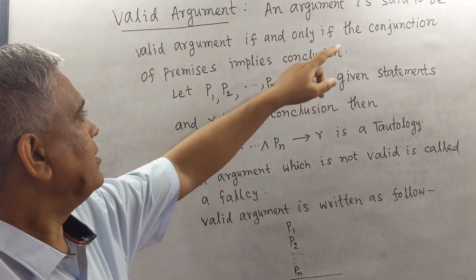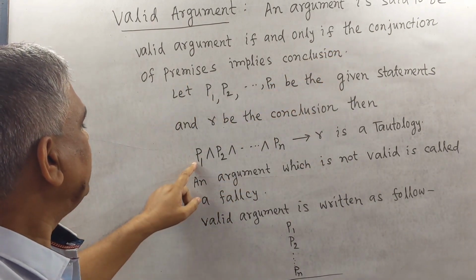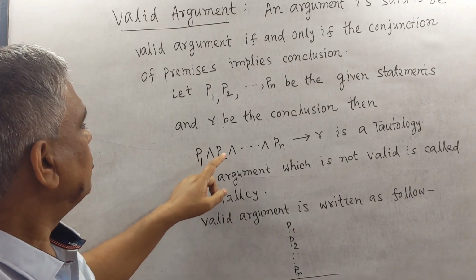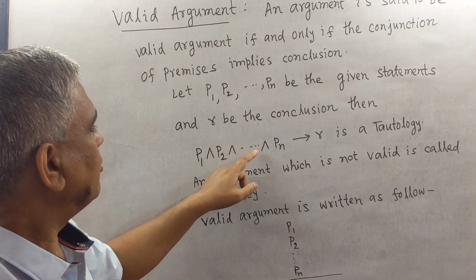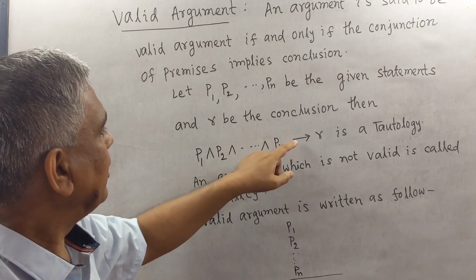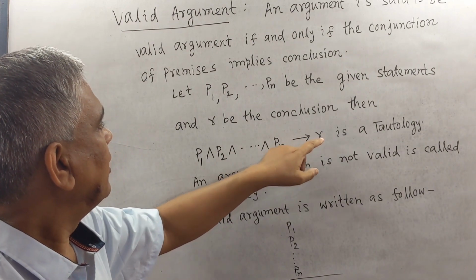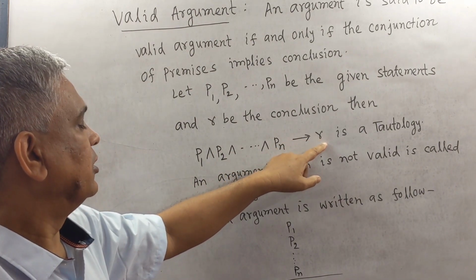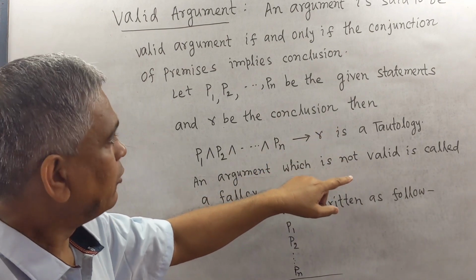Then the conjunction of premises P1 ∧ P2 ∧ ... ∧ Pn implies R, the conclusion, is a tautology.